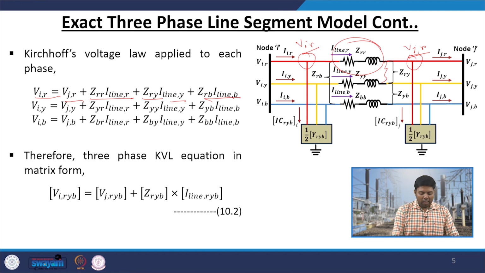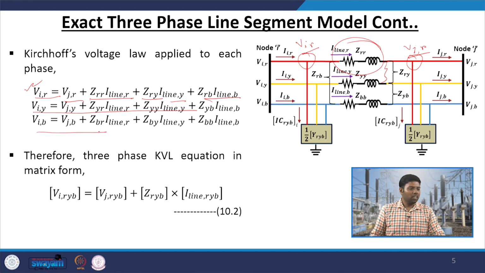Got it? So, this is your voltage for one phase. Similarly, you will get the voltage for the second phase and the third phase.